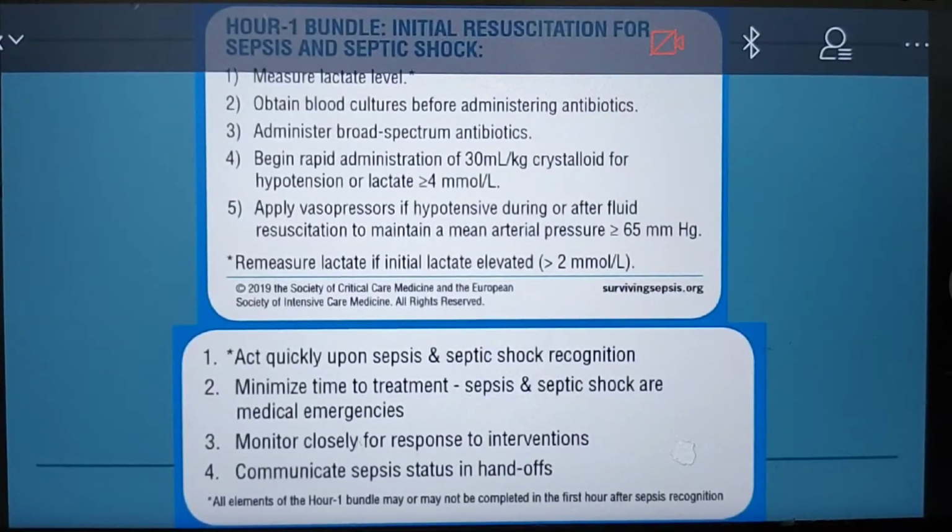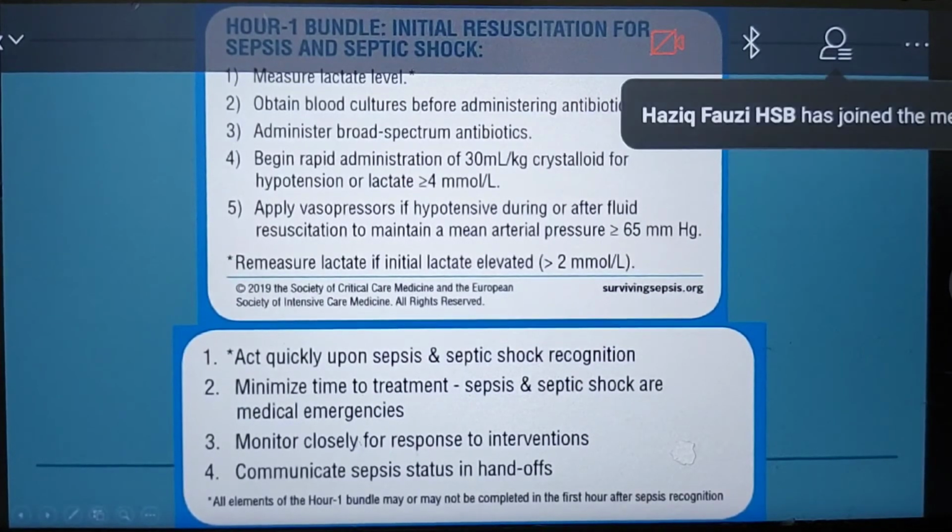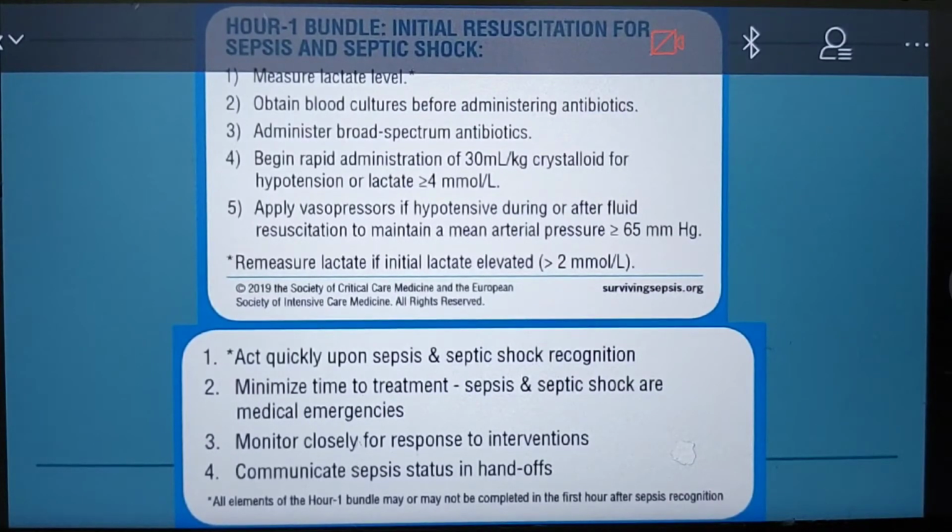Okay, so for sepsis, we have the hour 1 bundle, the 1 hour duration during initial management of sepsis. The first 1 hour of sepsis is very important. What we need to do during the first 1 hour: we need to measure lactate level and obtain blood culture before administering antibiotic.